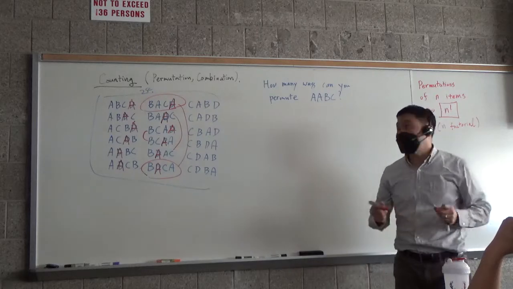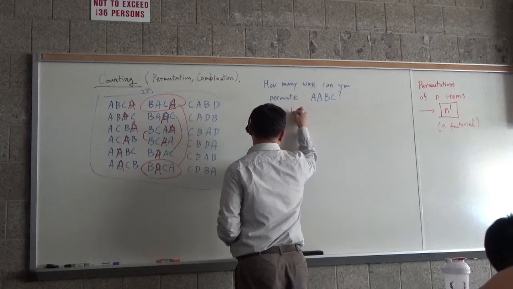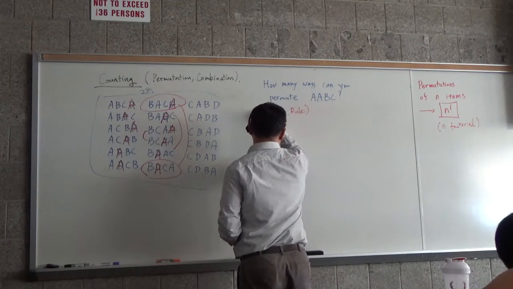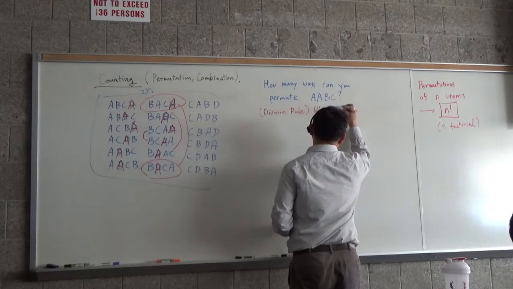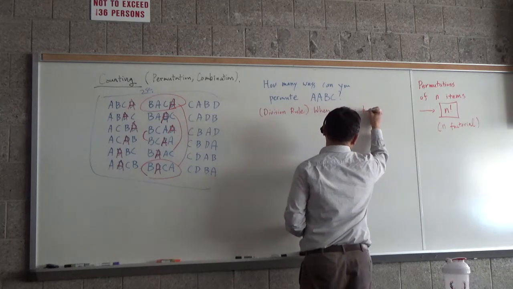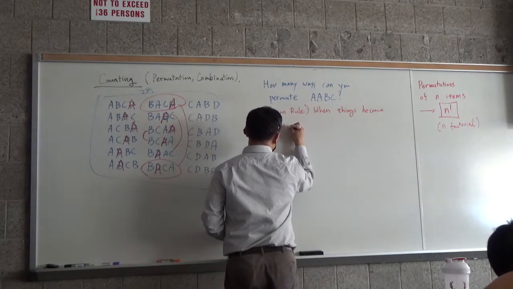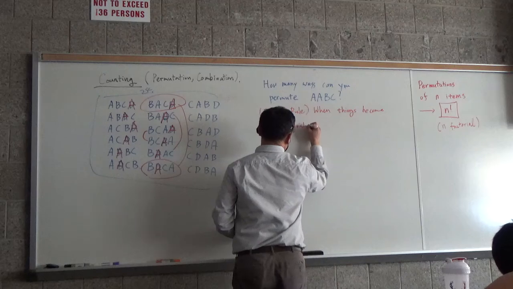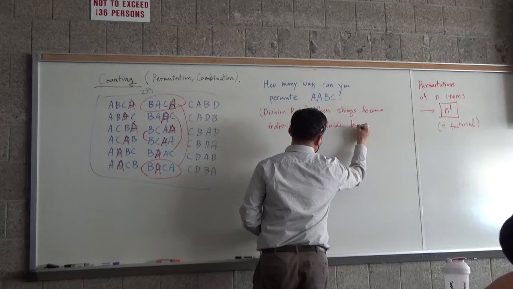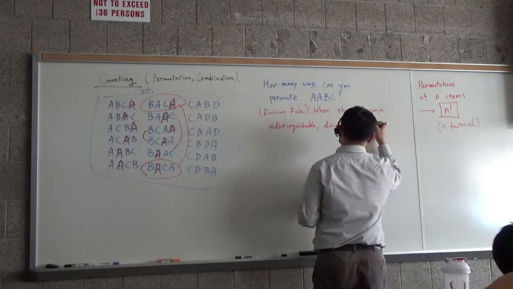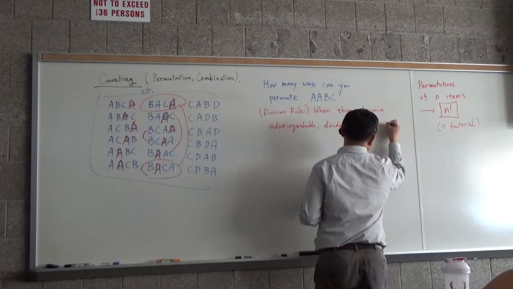So here's a division rule. When things become indistinguishable, divide by permutation of those things.